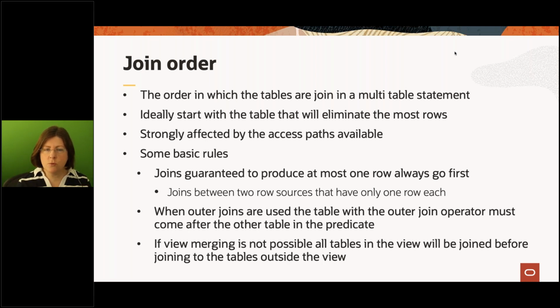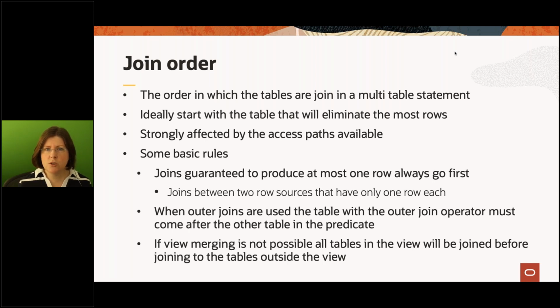Now, regardless of what kind of index creation strategy I may have, the optimizer does have some hard and fast rules that it's going to follow when defining the join order. So for example, if there is a join in my multi-table query where it's guaranteed to return at most 1 row, then that join always goes first. So what kind of join would that be?